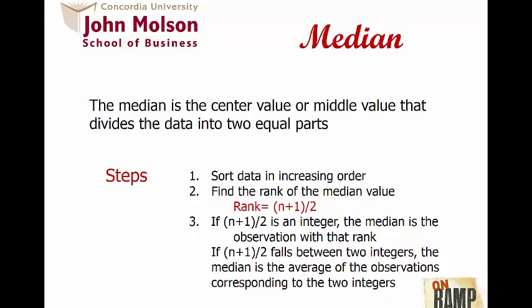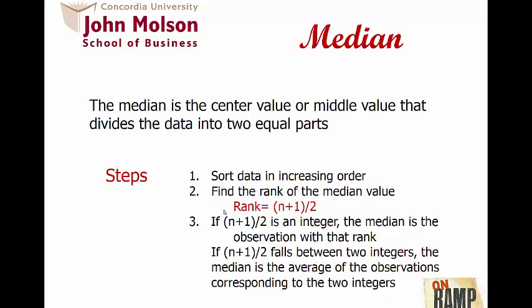The rank will be the number of observations plus 1, divided by 2. We know very well that n plus 1 divided by 2 could be an integer or not. If n plus 1 over 2 is an integer, then the median corresponds to the observation with that rank.